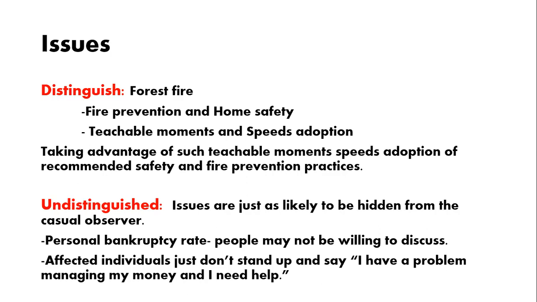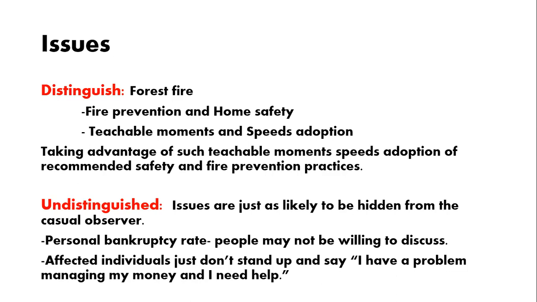Undistinguished issues are just like hidden from casual observation. Undistinguished means you cannot identify the real issue via casual observation. So we go to the field and meet the farmers and observe, but the real issue is hidden. Therefore, you cannot identify it easily. That's called an undistinguished issue, right? As an example, personal bank bankruptcy rate.